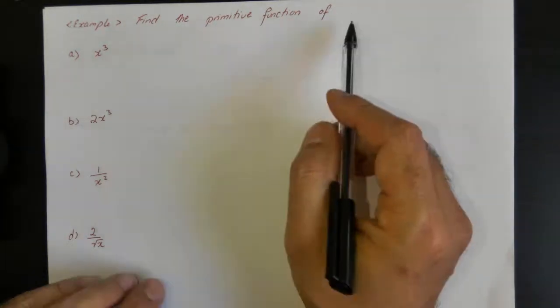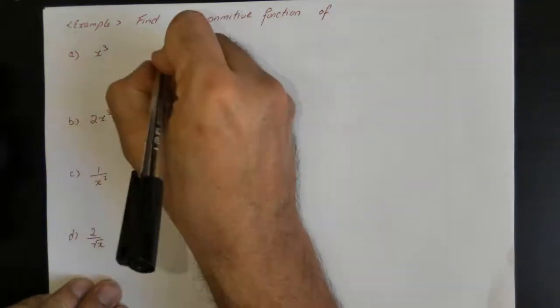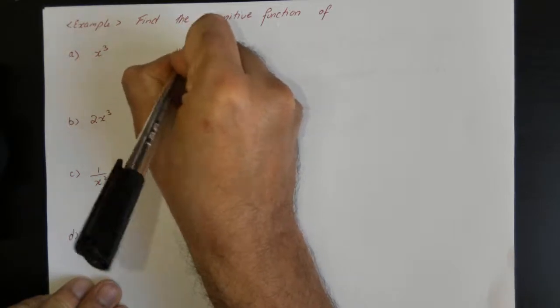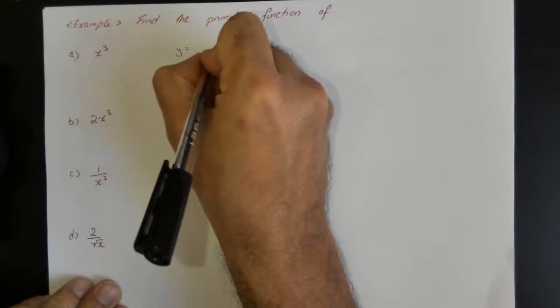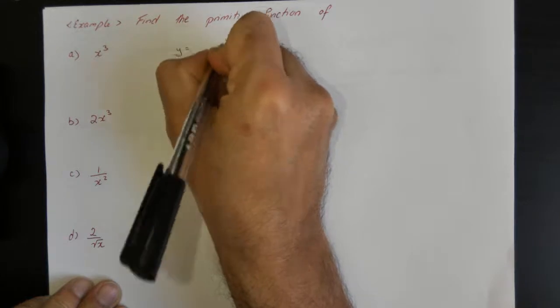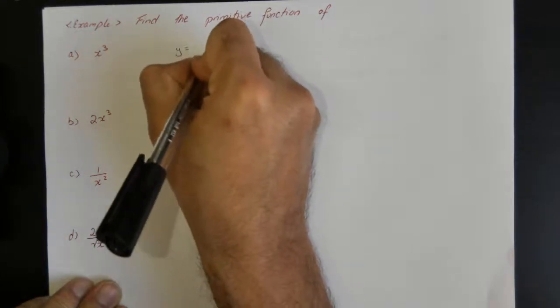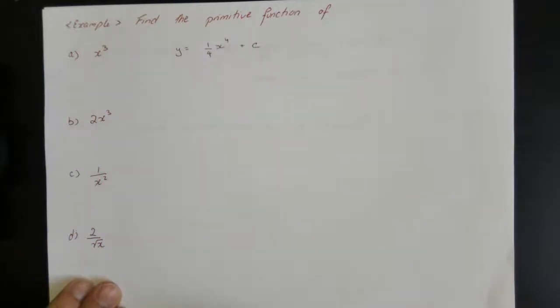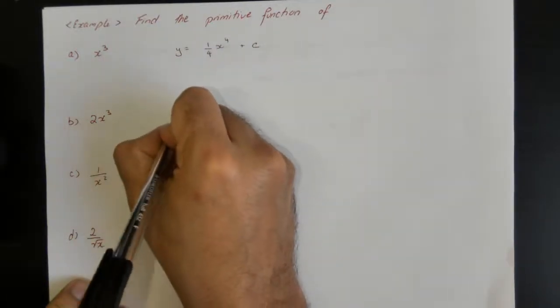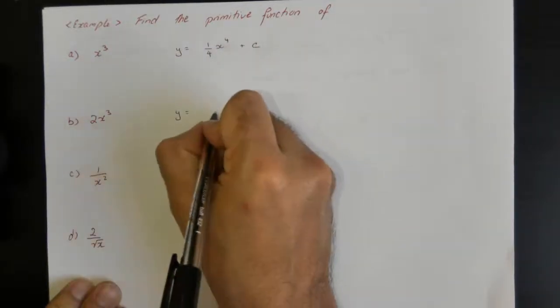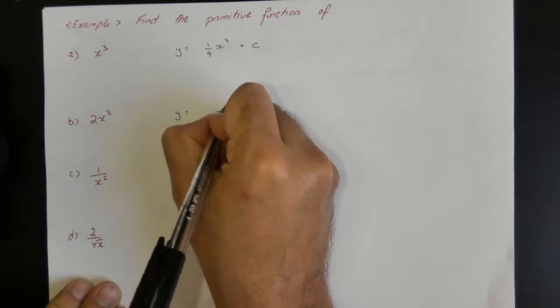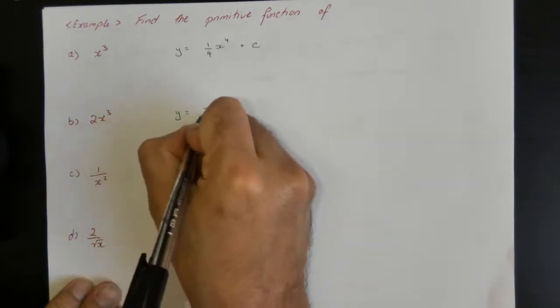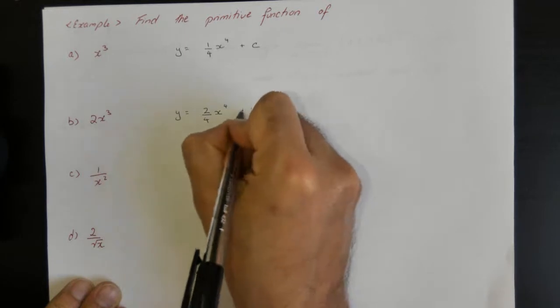So if we want to find the primitive function of 2x cubed, I raise the power and I divide by that number, plus c. So here I'm going to raise the power, so that 3 becomes a 4. I can divide the coefficient by that number.